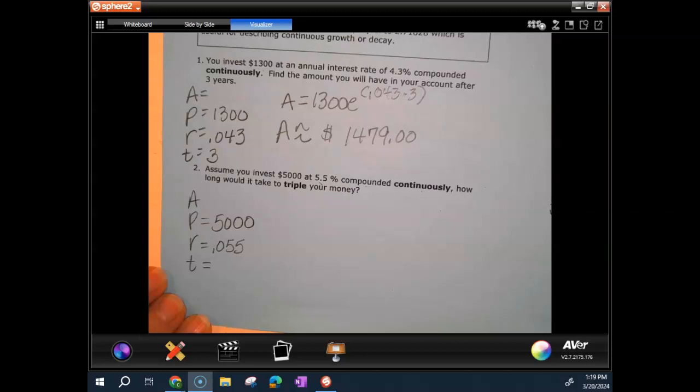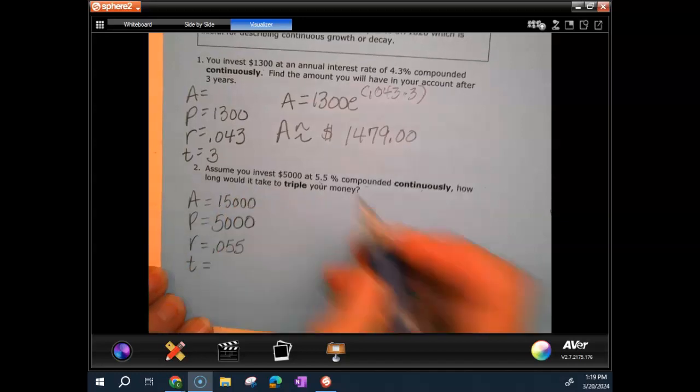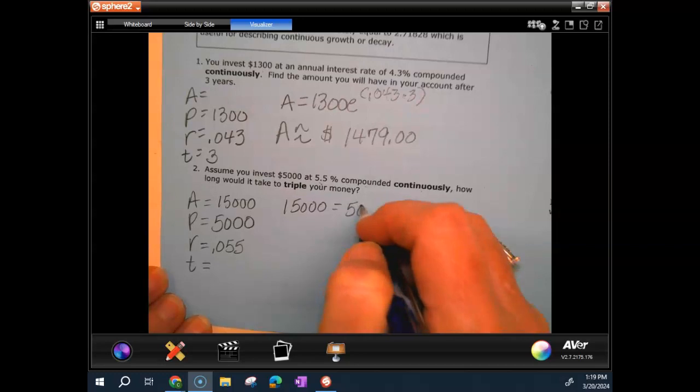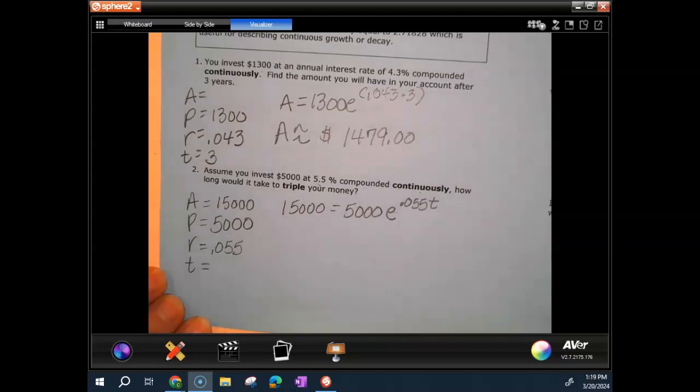That's what I'm looking for, and it wants to know how long it would take to triple the money. So if I start with 5,000, how much would I end up with? There you go. And so if I write this, I get 15,000 equals 5,000 E to the 0.055 and the T.